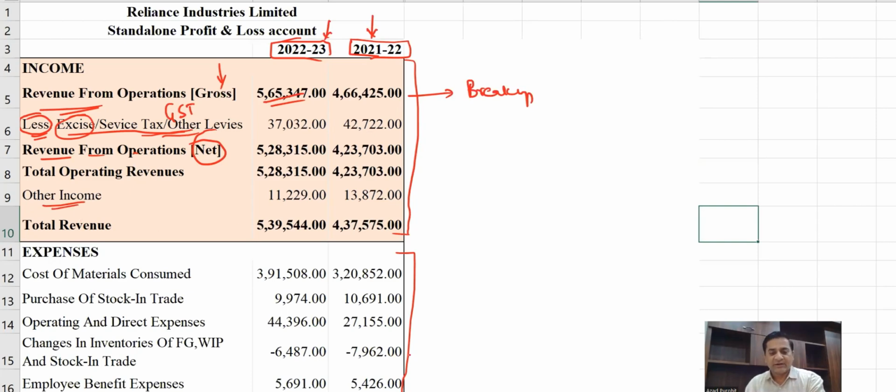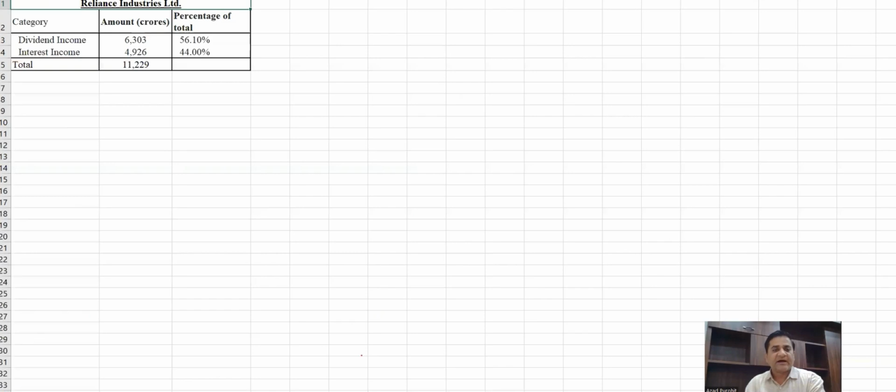If I look at the breakup of other incomes, this sheet says my income from dividend is 6,303 crores and interest income is 4,926 crores. What does this mean? This means that Reliance has many subsidiaries. It has made some investments into these subsidiaries and has received a dividend from them, right?